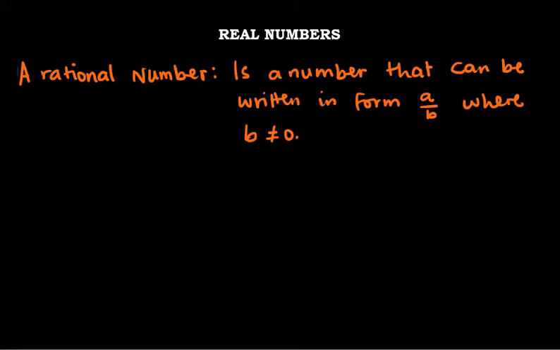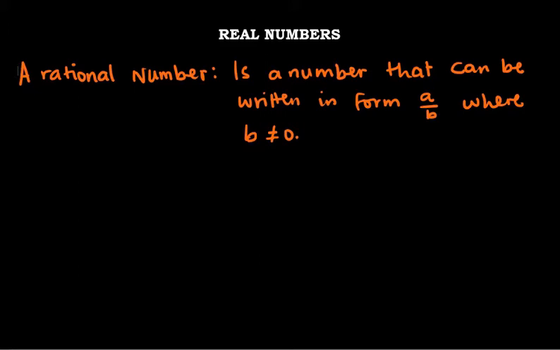In other words, it is that number that you can write as a fraction, because when we say A out of B, that is a fraction. And we know that A is what we call the numerator and B is what we call the denominator. So the denominator B, or any number that you have as the denominator, must not be 0.